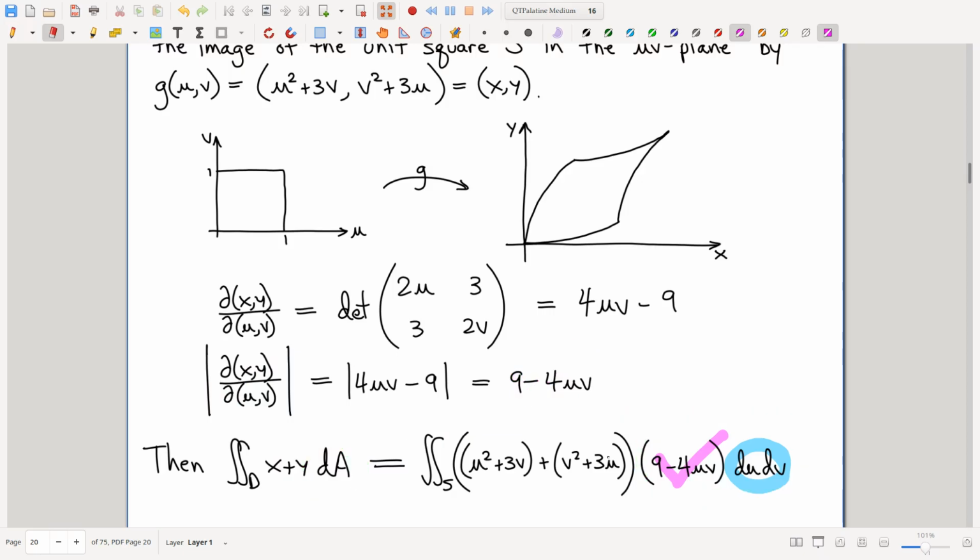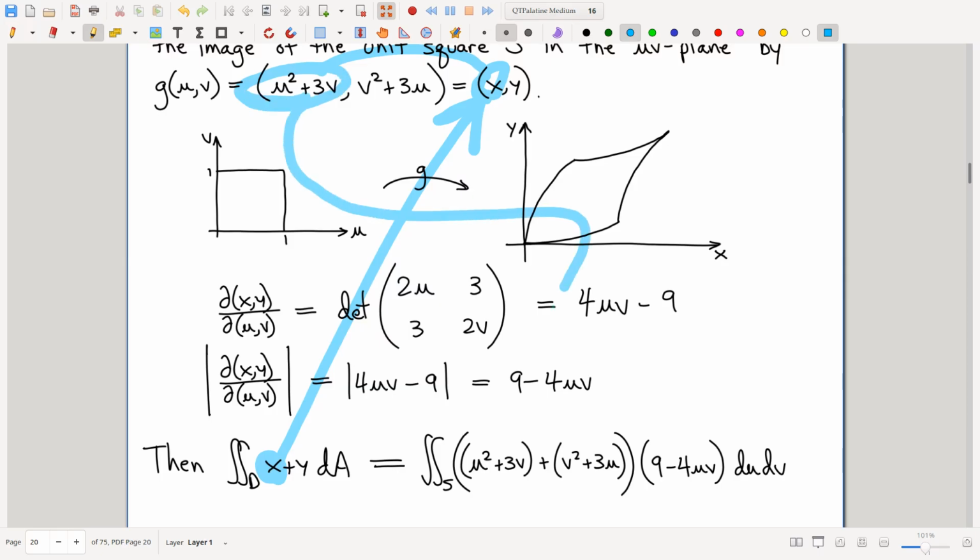And for the rest of the integrand, it's literally just plugging in. X, for example, says right here that X is u squared plus 3v. Straight up, literally, plug it in. Does everybody see what I did there? There's a takeaway, by the way, from this.